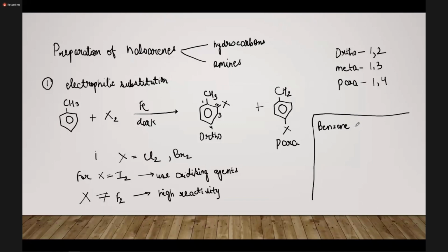So benzene has resonance in the ring. So because of this resonance thing, you will be able to understand that in the benzene, the electron density is high in this ortho position and the para position, and electron density is less in the meta position. Okay. So like in this compound, if we talk about, the electron density is high on the second carbon and on the fourth carbon, and then again on the sixth carbon.